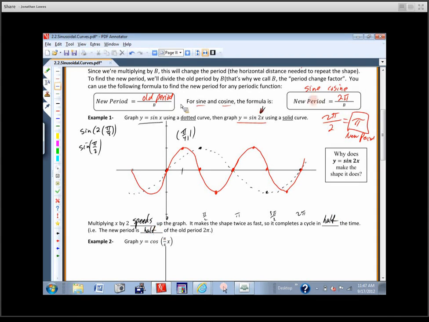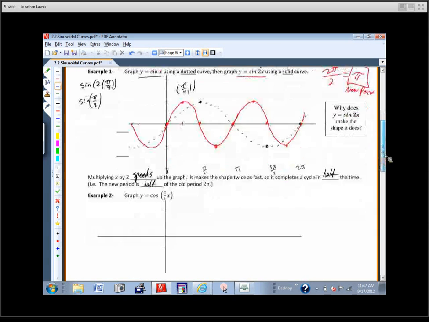Again, hopefully these formulas will start to make sense as you use them a bit. That's why we're dividing by b rather than multiplying by b, because there's that reciprocal relationship. That's doing the opposite of what you'd think. Times it by 2, my gosh, I actually shrink the time by a half. Times it by 8, I shrink it by an eighth. Okay? Does that make sense?